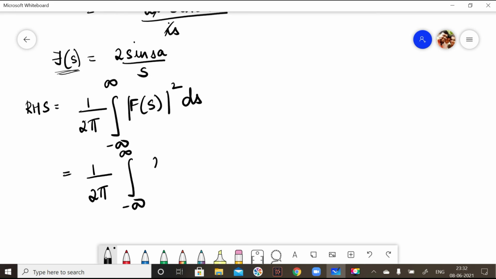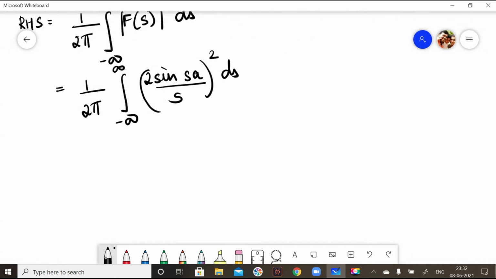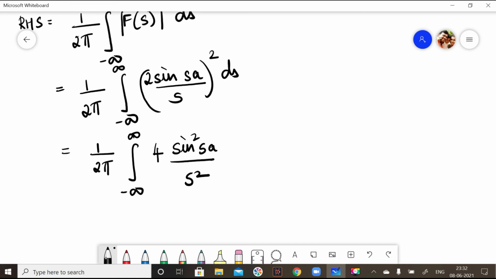What is f of s? 2 sin sa by s, the whole square ds. So this becomes 1 by 2 pi integral minus infinity to infinity 2 into 2 is 4 sin square sa by s square ds. So this is my RHS.